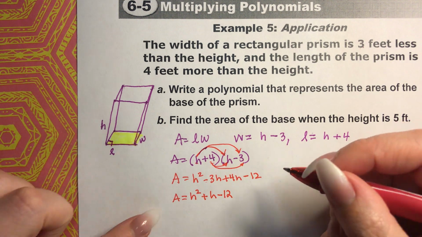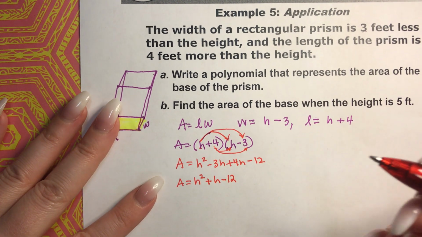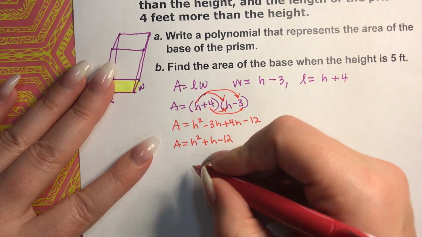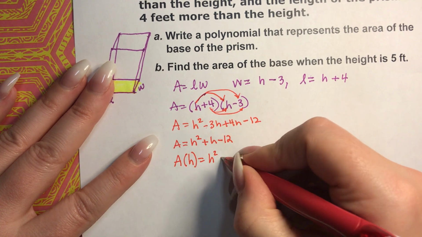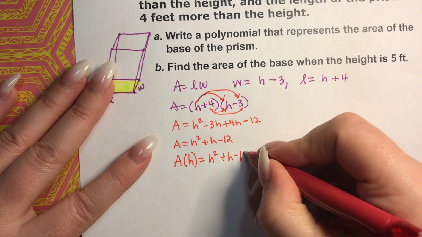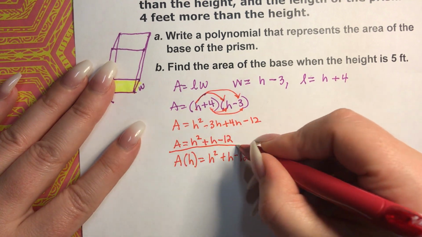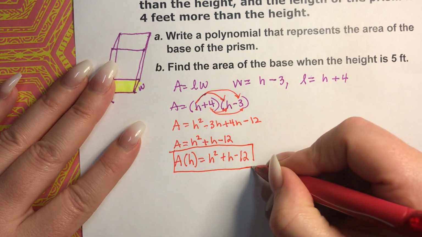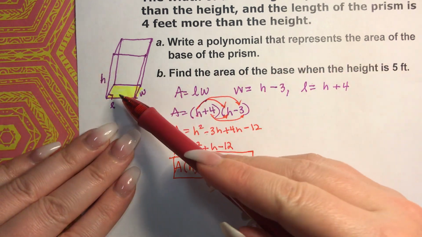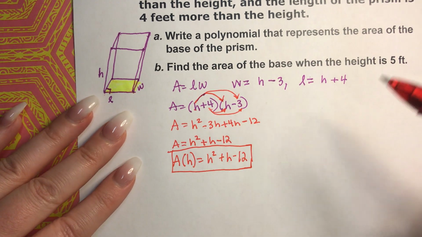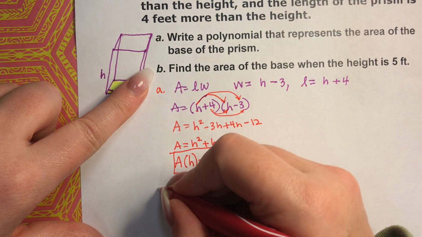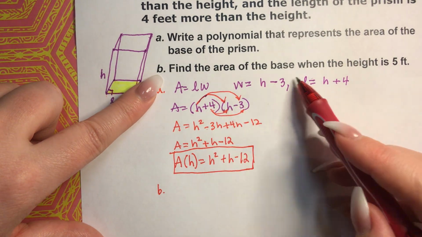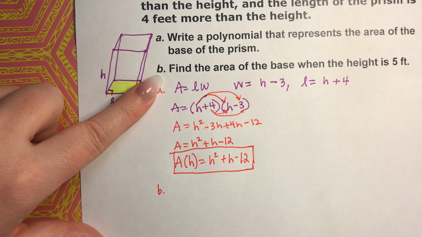And if we wanted to write this in function notation, we would write this as A of h equals h squared plus h minus 12. Okay, so that is what the answer would be. That is the area of this rectangular base. Now, what does B say? This is A. And then B says find the area of the base when the height is 5 feet.